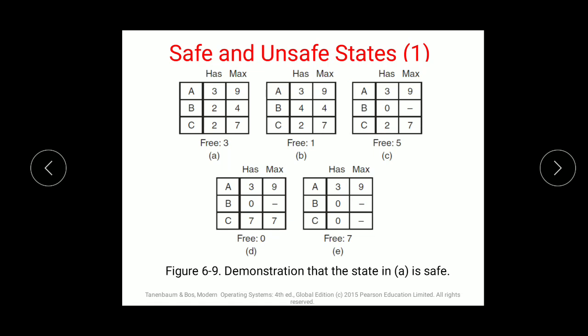So there are safe and unsafe states. If the system is able to allocate resources to each process up to its maximum need in some order and still avoid a deadlock, then the system is in a safe state. Suppose I have 10 resources and the system has asked for 6 resources; obviously I can give those resources.